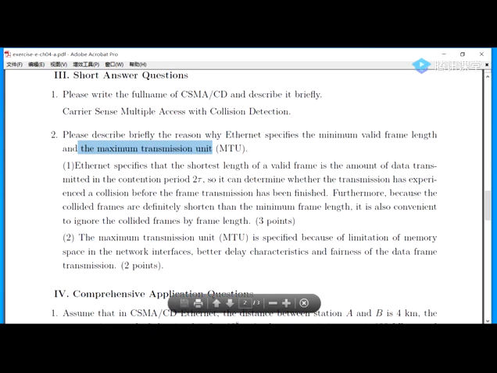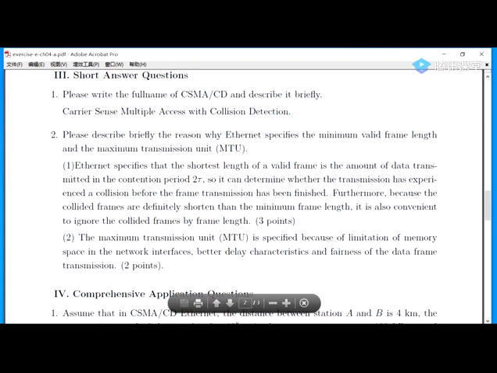Usually there is a limitation of memory space in the network interface. So the transmission unit frame should not be too large, should not be too long, right?